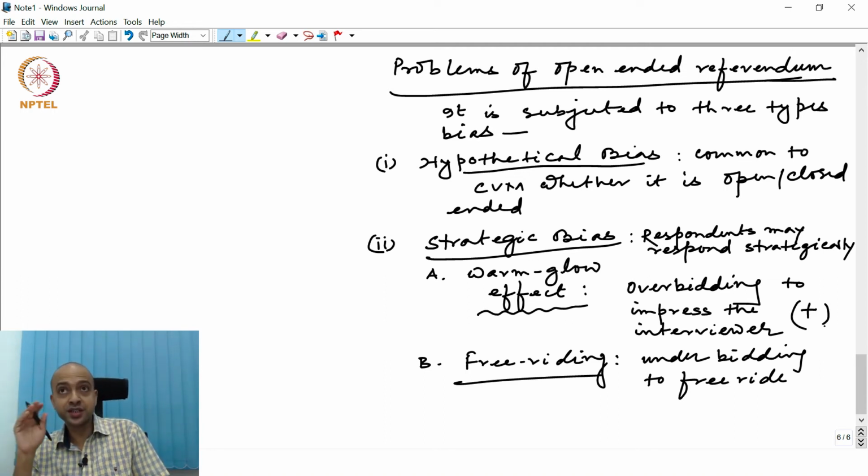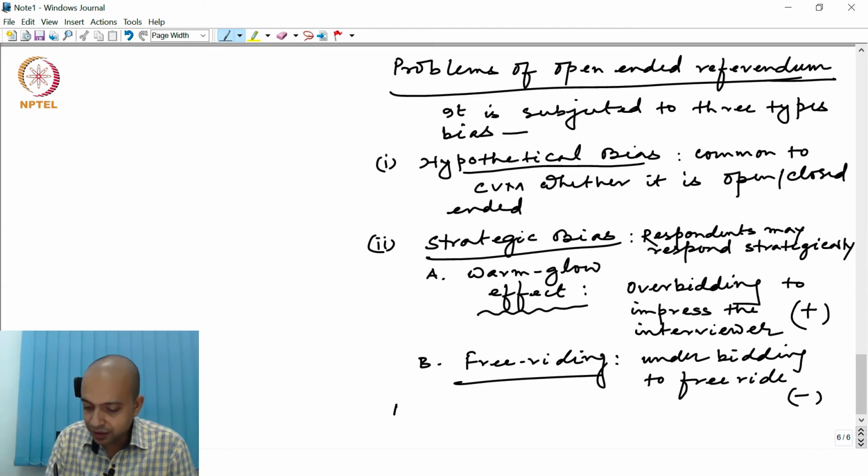Some households feel that if they say yes, then they have to actually pay that amount. Government or local authorities may impose some amount of tax or something on them. So then they feel to underbid just to free ride. That leads to some kind of negative bias.